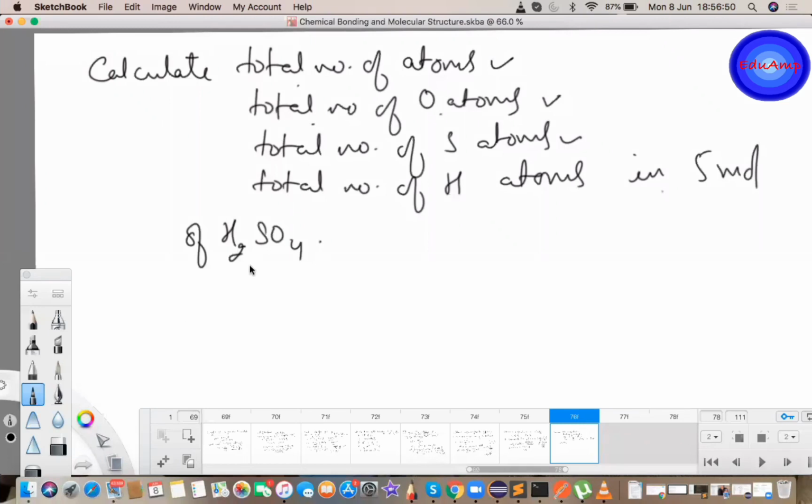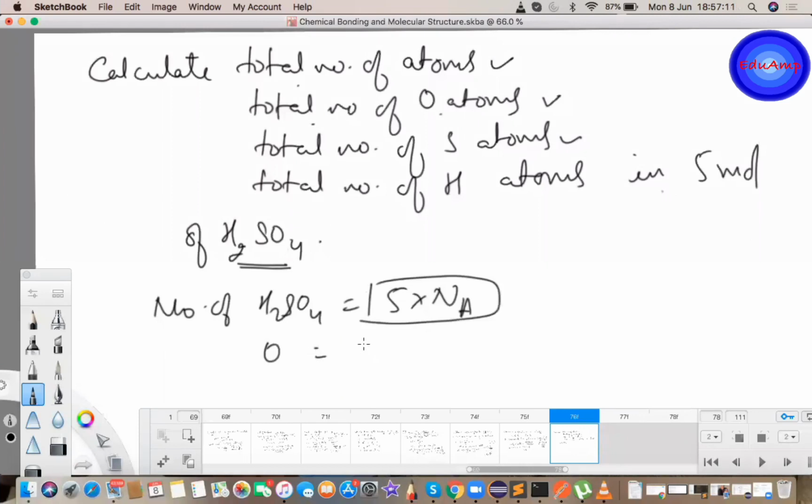Okay, I have given you molecules. So first calculate number of molecules. So number of H2SO4 molecules will be 5 into Na. Now for oxygen atoms. There are 4 oxygen atoms in one H2SO4 molecule. If we have this many molecules, then you will have 5 into 4 into Na, that is 20 Na.